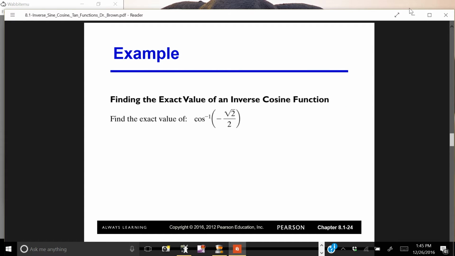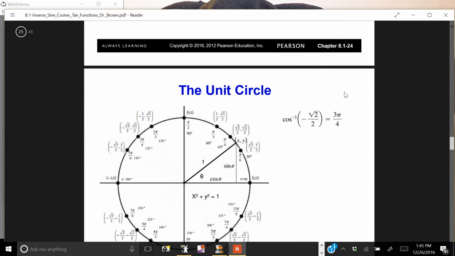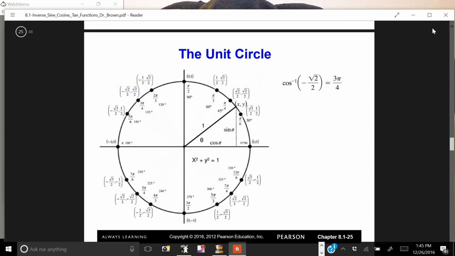So let's find the exact value of an inverse cosine function, in particular inverse cosine of minus the square root of 2 over 2. You can do this two ways. You can look at the unit circle and look for where the cosine of an angle is minus the square root of 2 over 2.